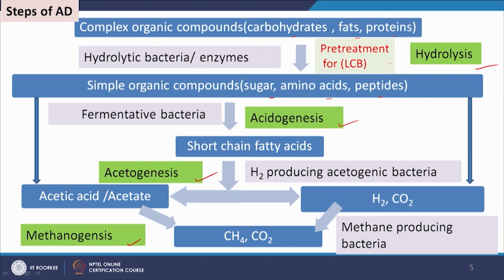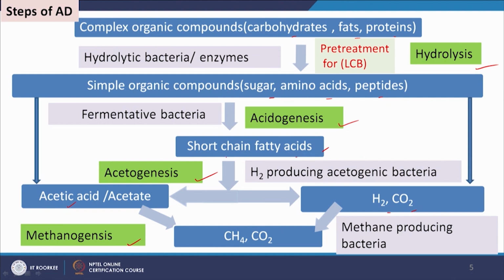Then after hydrolysis, the sugars, amino acids and peptides will be converted to short chain fatty acids, and this is called the acidogenesis step, carried out by fermentative bacteria. The hydrolytic and fermentative microbes work simultaneously, and ultimately short chain fatty acids are generated. At the same time, some simple organic compounds are also converted to acetic acid, H2 and CO2.